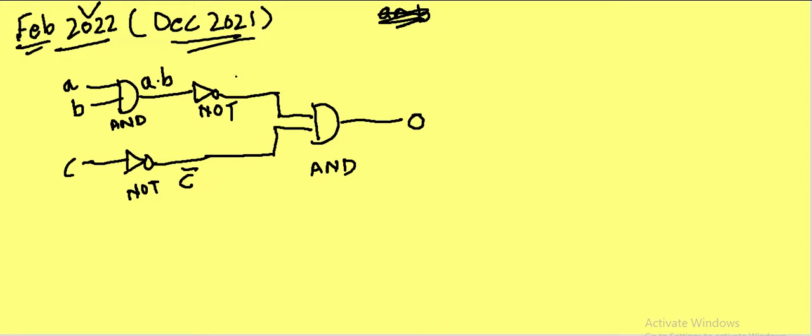So C will give you the C complement or C bar, right? Here we have A dot B, and it will give you the bar of A dot B. So now these two outputs will be fed to this AND gate, and treated as inputs, and then O will be A dot B complement dot C complement, right?